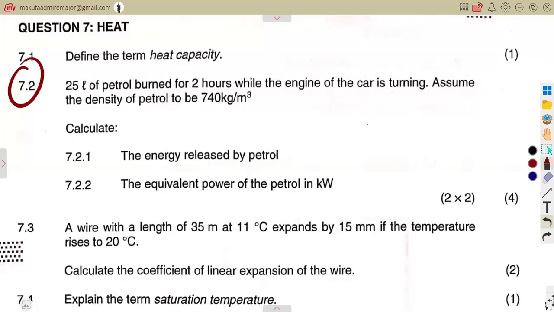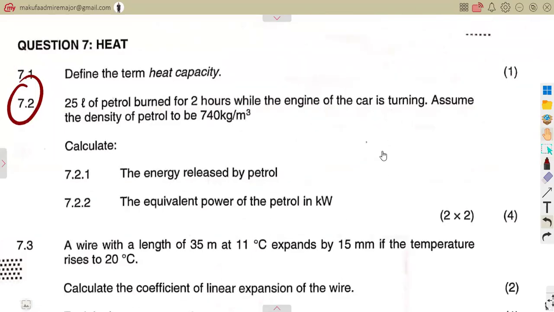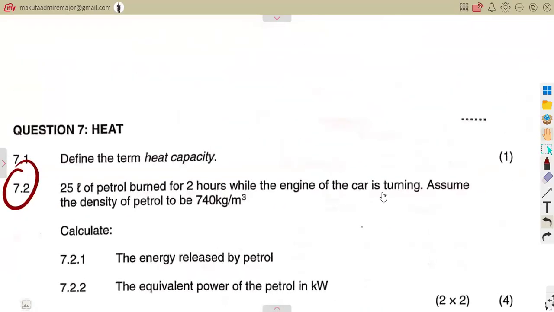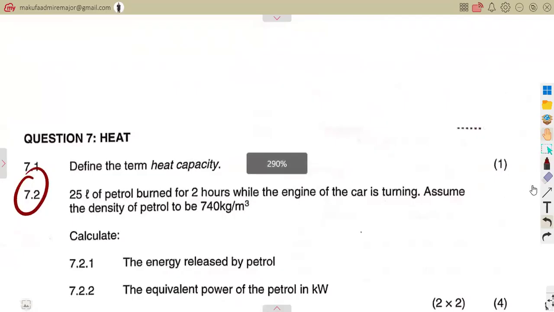So that is what you were given. 7.2, we have got this question. You were supposed to be very, very careful the way that it was given. They are saying 25 liters of petrol burnt for 2 hours. So we have got the volume there. Remember, volume can be related in terms of liters.